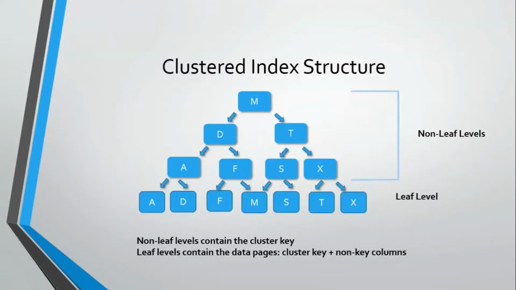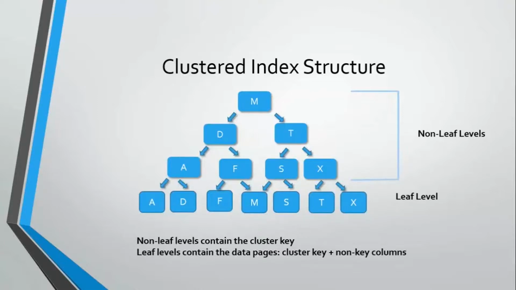So basically what this means is that in the non-leaf levels, what we have there is what's called a cluster key. So when I create a table and decide I want a clustered index on it, which is going to be 99% of the time, I have to decide on a cluster key.